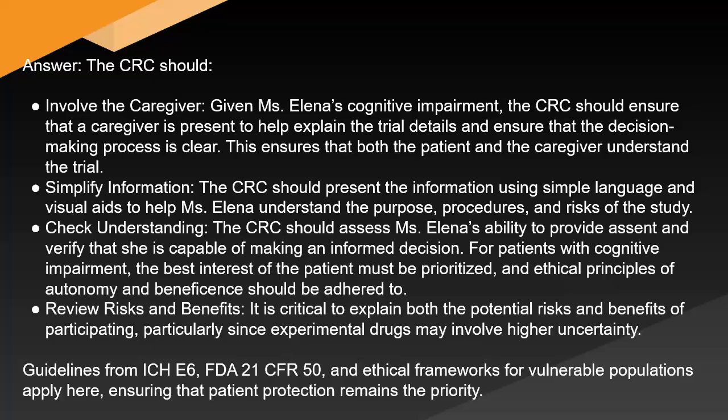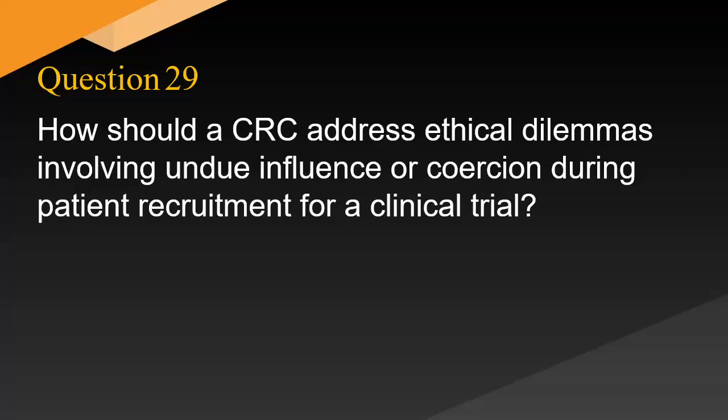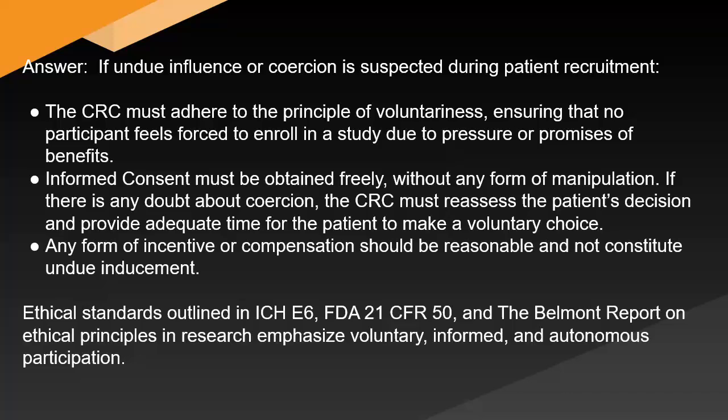the priority. How should a CRC address ethical dilemmas involving undue influence or coercion during patient recruitment for a clinical trial? Answer. If undue influence or coercion is suspected during patient recruitment, the CRC must adhere to the principle of voluntariness, ensuring that no participant feels forced to enroll in a study due to pressure or promises of benefits. Informed consent must be obtained freely, without any form of manipulation.